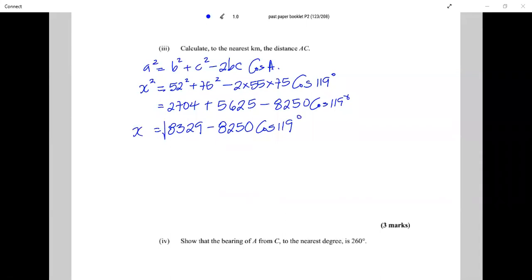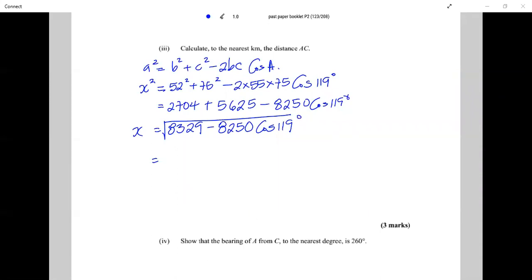The opposite of square is square root. So x would be equal to the square root of 8,329 minus 8,250 cosine 119. So you're going to put this in brackets.